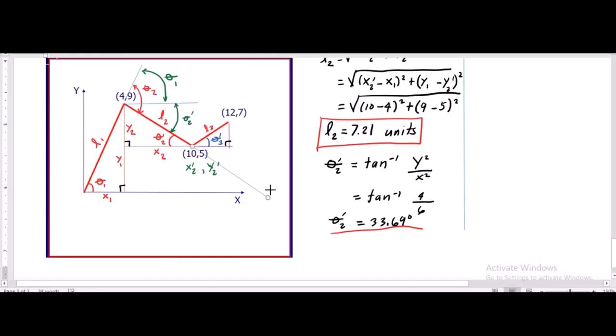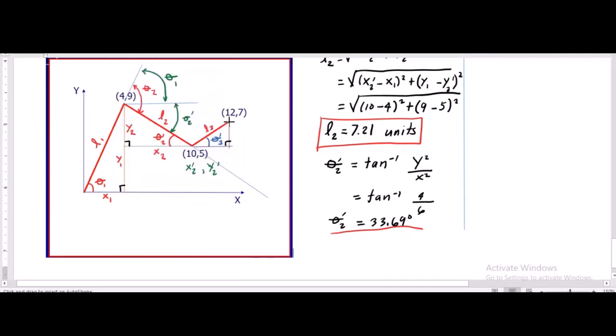This is our extended line as the reference angle for the theta 3. So this is our reference line with respect to theta 3. So the theta 3 is between the reference and the link of L3. So this is the link of L3.